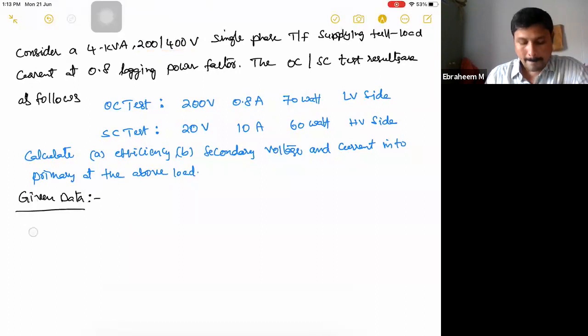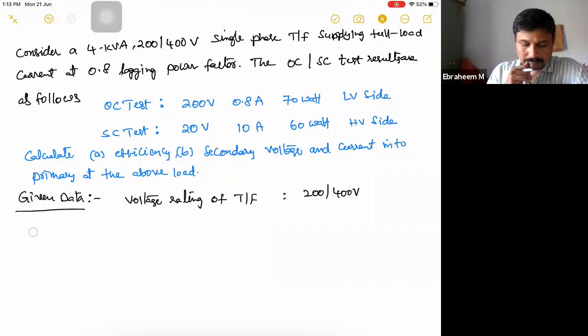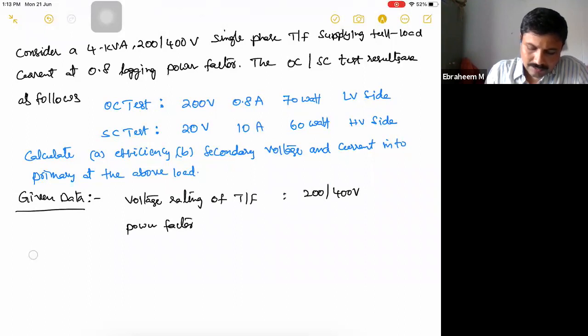Given data. What is given? So the transformer LV side voltage rating of the transformer is 200 by 400 volts. Power factor 0.8 lagging.